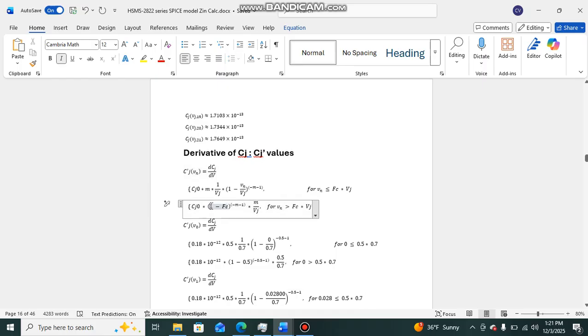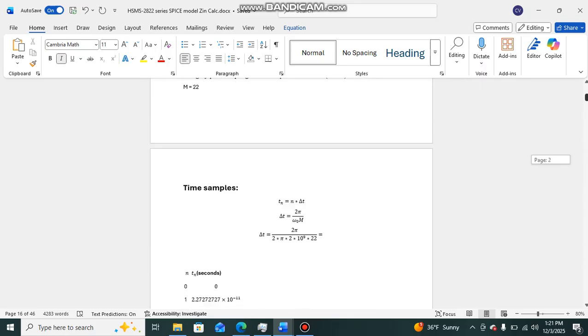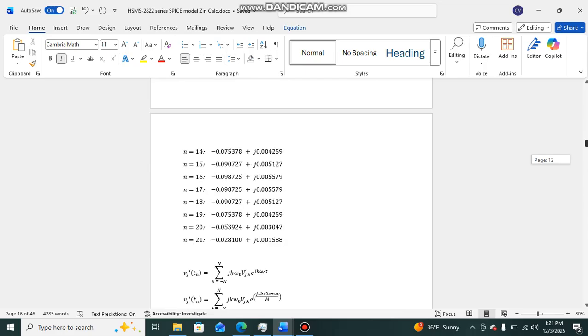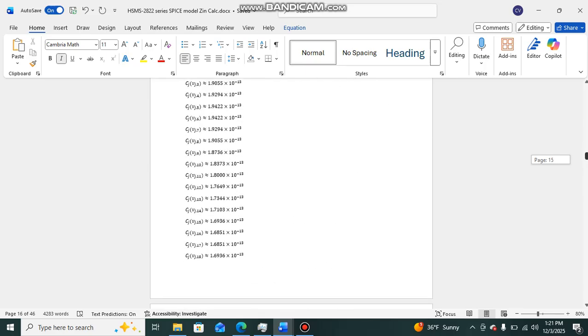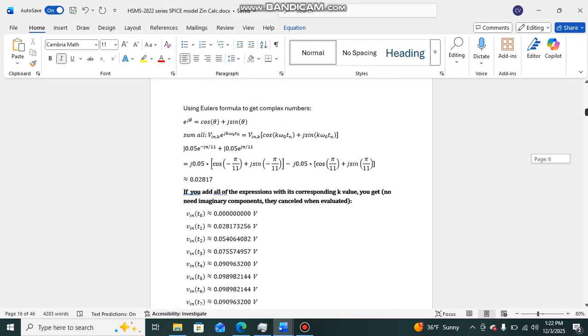This part is not part of the Kirchhoff's current law equation that we created, but it is part of the Jacobian, as I showed you up here.